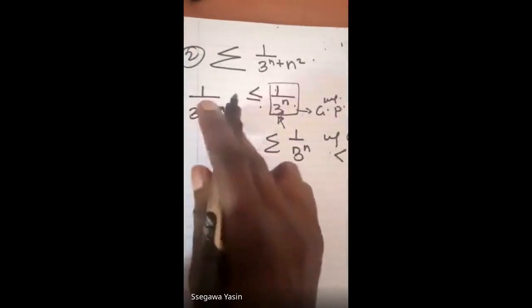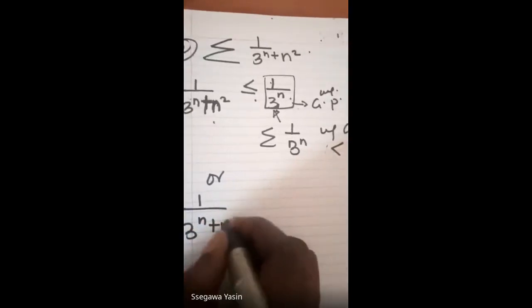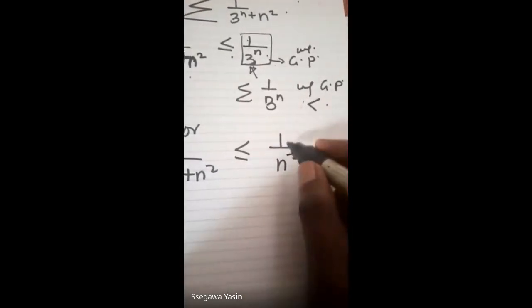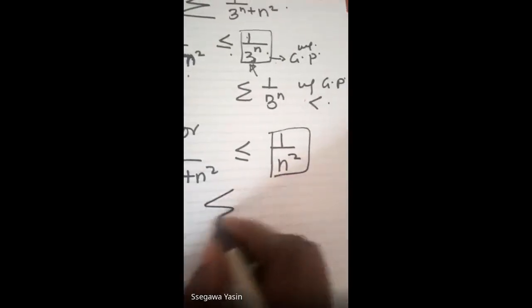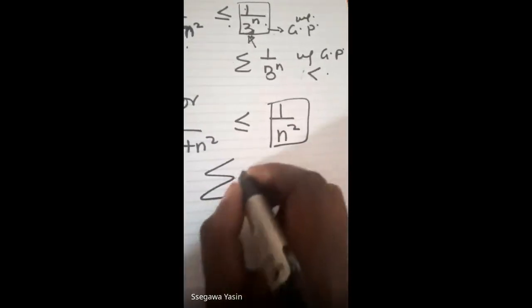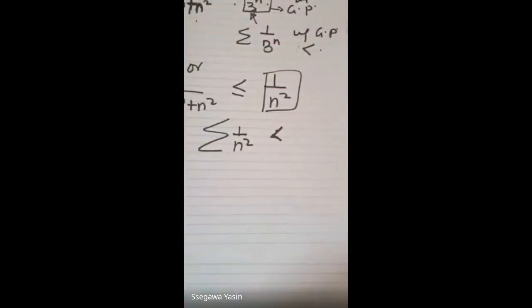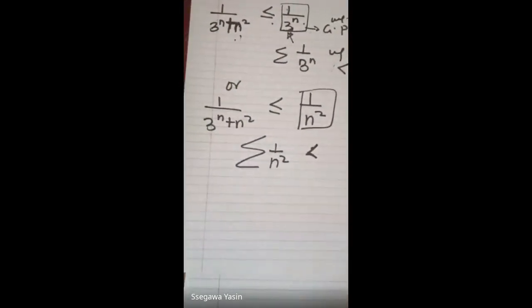Or else, if you have started from here, you can also say 1 over 3 to n plus n squared is less or equal to 1 over n squared. And when you try to check here by p-series test, you can see that 1 over n squared converges. You see here you have 2 sides you can drop. You can either drop this n squared here, or you can drop 3 to the power n.